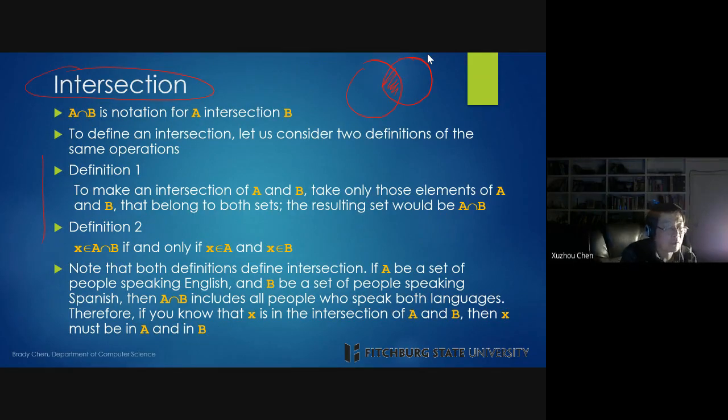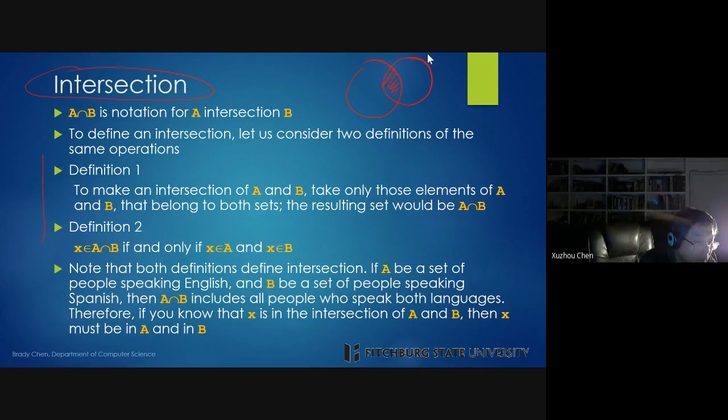But if we talk about two sets with overlap, then there are some elements that belong to both A and B. Like the case where A is a set of people who can speak English, B is a set of people who can speak French, and then A intersection B includes the people who can speak both English and French. It should exclude the people who only speak English or only speak French.